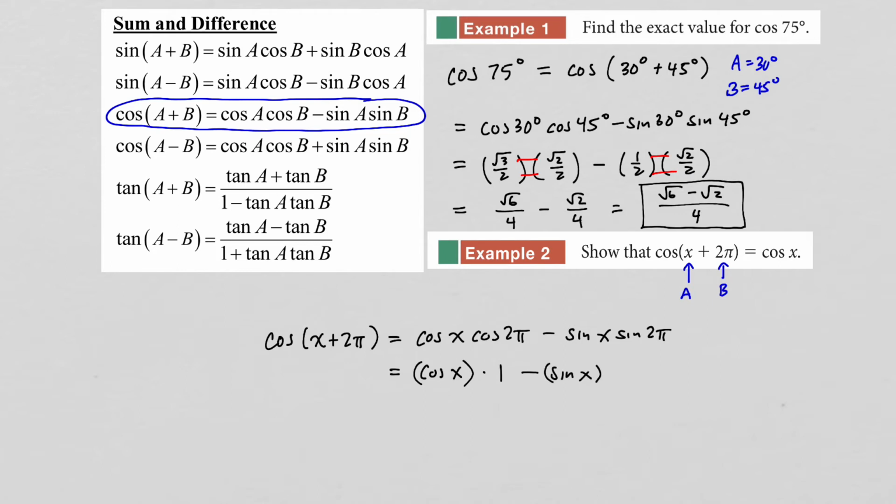And we know that the sine of 2 pi is equal to 0, right? Those are values that we should have memorized. And then finally, we have the cosine of x times 1, which is the cosine of x, minus, and then here we have sine of x times 0, which is 0. And cosine of x minus 0 is cosine of x. So I have proven that the cosine of x plus 2 pi is equal to the cosine of x.